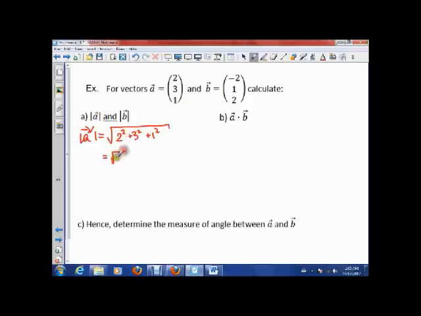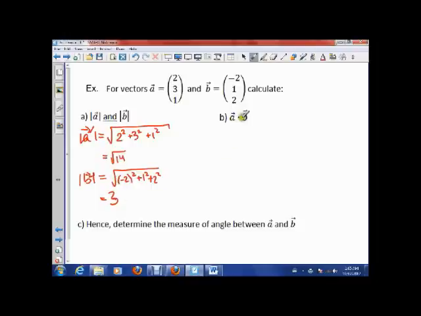So that's root 14. And the magnitude of B is the square root of negative 2 squared plus 1 squared plus 2 squared, which is 4 plus 1 plus 4 is 9. Root 9 is 3. So there's my two magnitudes.